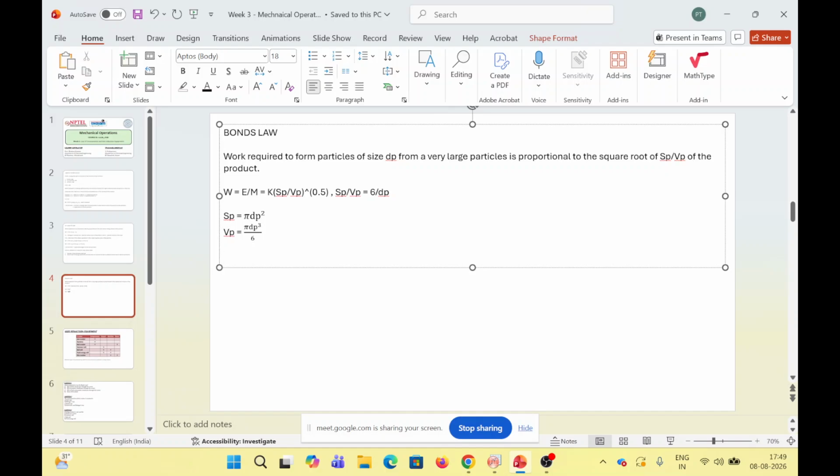So if you divide Sp by Vp, it's going to be 6 by dp.